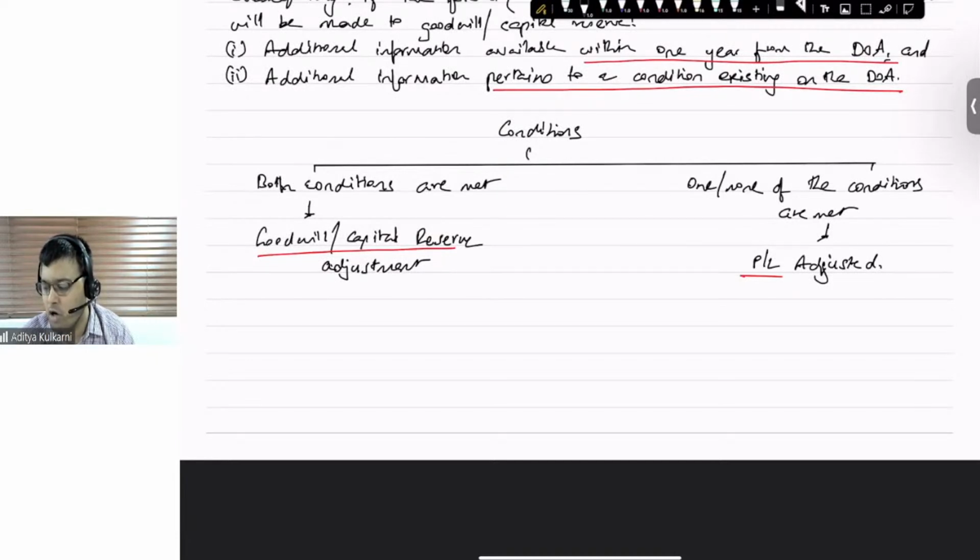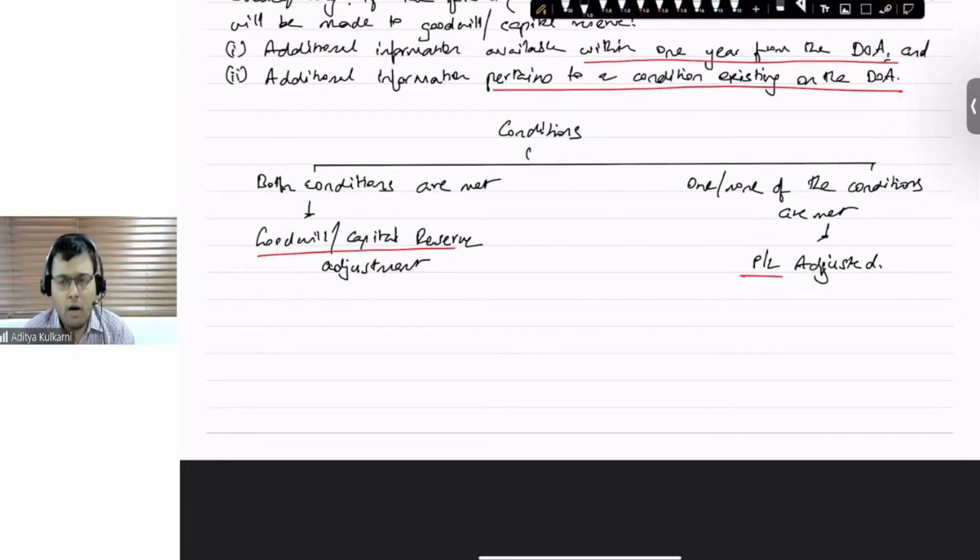Then you take an estimate of when the thing will actually materialize: 1 year, 2 years, 3 years, 4 years. At that point of time, this case will be decided. And you discount it to the present value to determine the fair value of the contingent liability. This could be one way of solving. There could be multiple ways of determining the fair value.